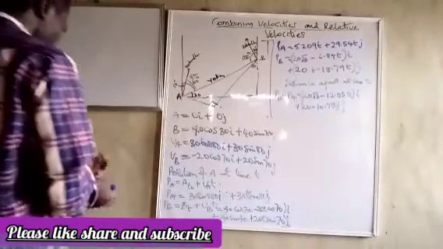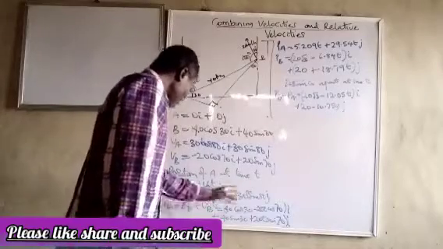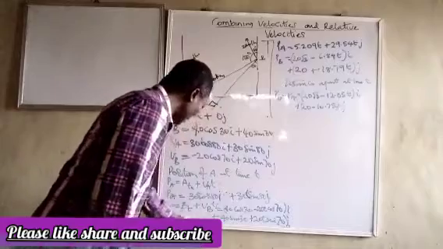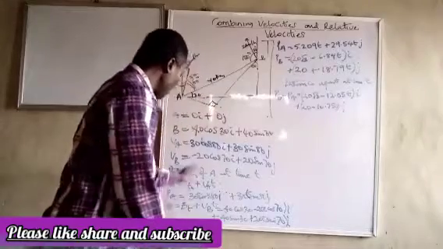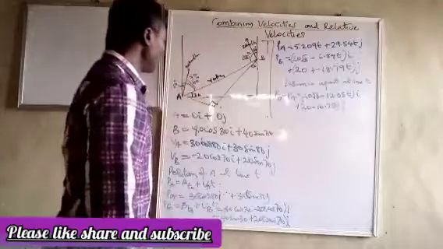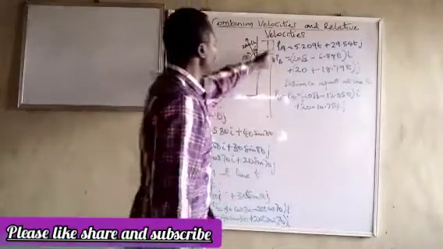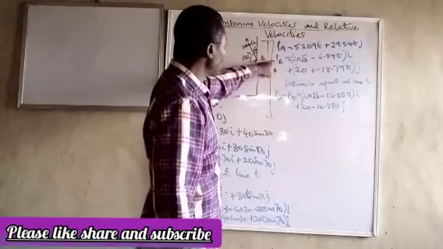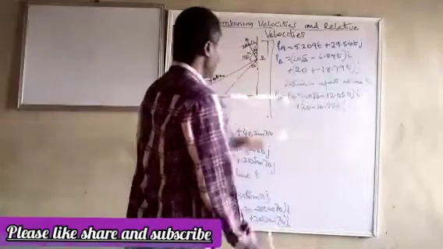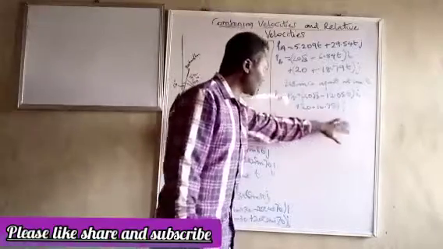Now this is PA, the position of A after time t. The position of B after time t is PB, that is the initial position plus the velocity times time. So after analyzing using the calculator, this is what we got. So the distance apart after time t is going to be PB minus PA, and this is what it is.